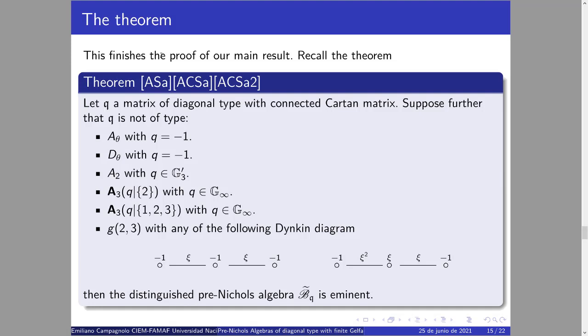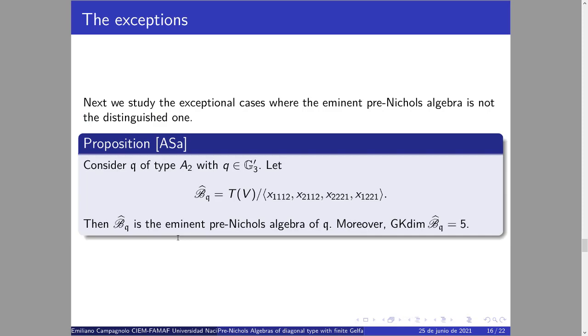Recall the theorem. Let Q be a matrix of diagonal type with connected Cartan matrix. Then the distinguished pre-Nichols algebra is eminent, but we have these exceptions. So next we study the exceptional cases where the eminent pre-Nichols algebra is not the distinguished one.